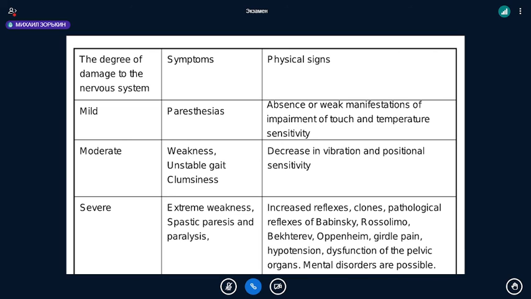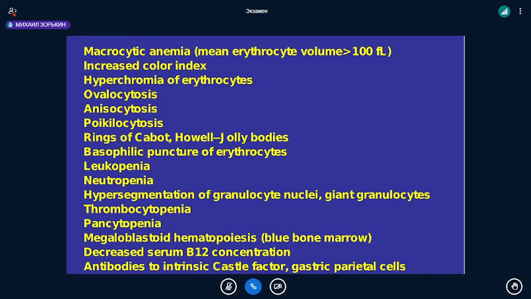And finally, severe: increased reflexes, clonus, pathological reflexes, girdle pain, hypertension, dysfunction of the pelvic organs; mental disorders are also possible. So when we classified iron deficiency by stage, B12 deficiency must be classified depending on the nervous system damage.